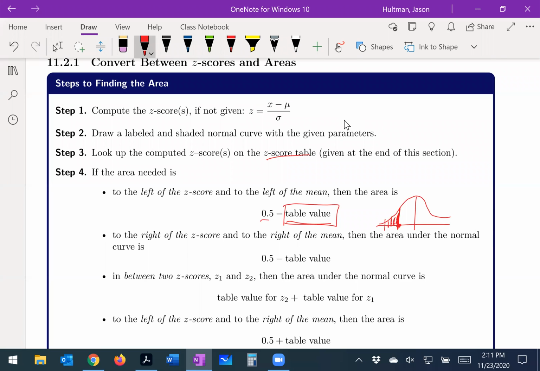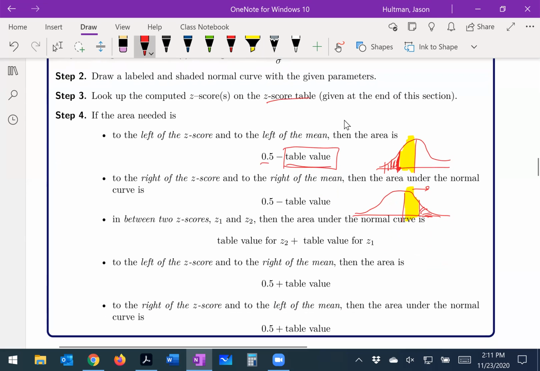To the right of the z-score and to the right of the mean, it looks like this, then it's also 0.5 minus the table value, because this whole thing is half. The table value is going to give us this piece here, but we're interested in the tail. So I have to subtract it from 0.5 in order to get that tail. 0.5 minus the table value.